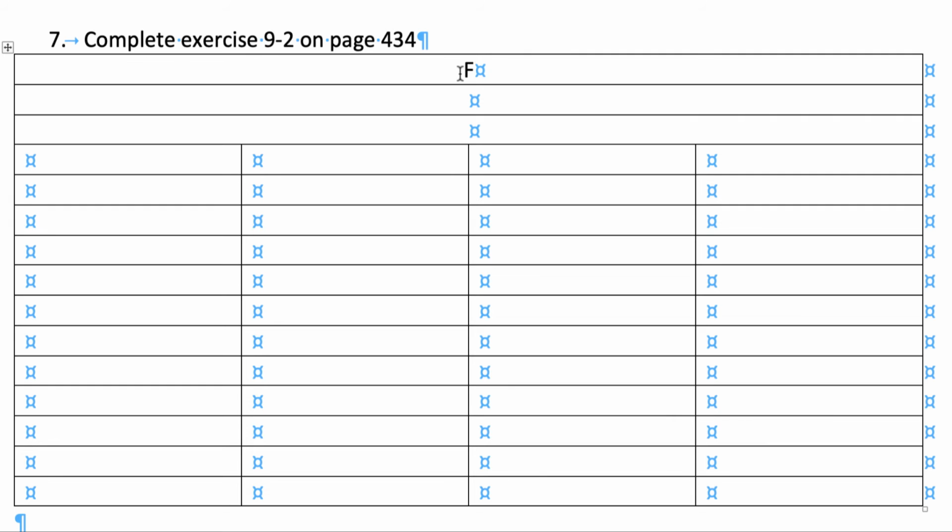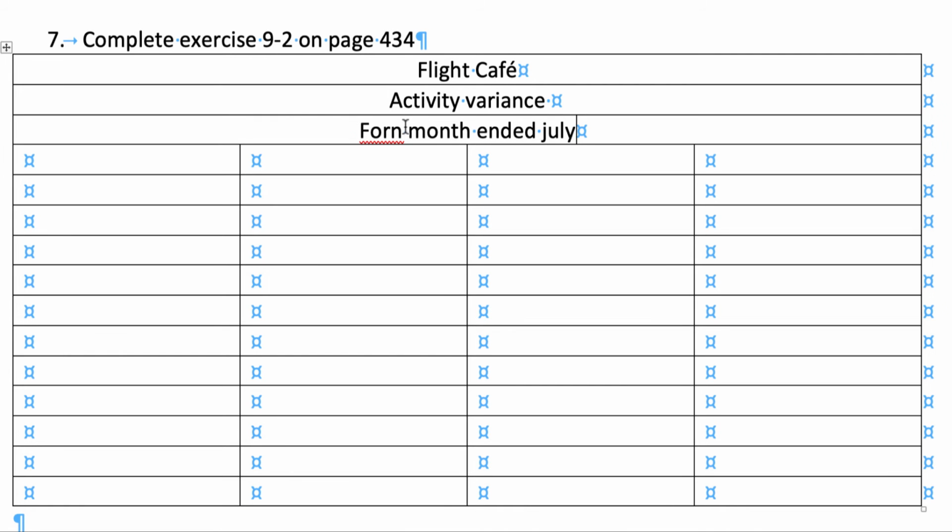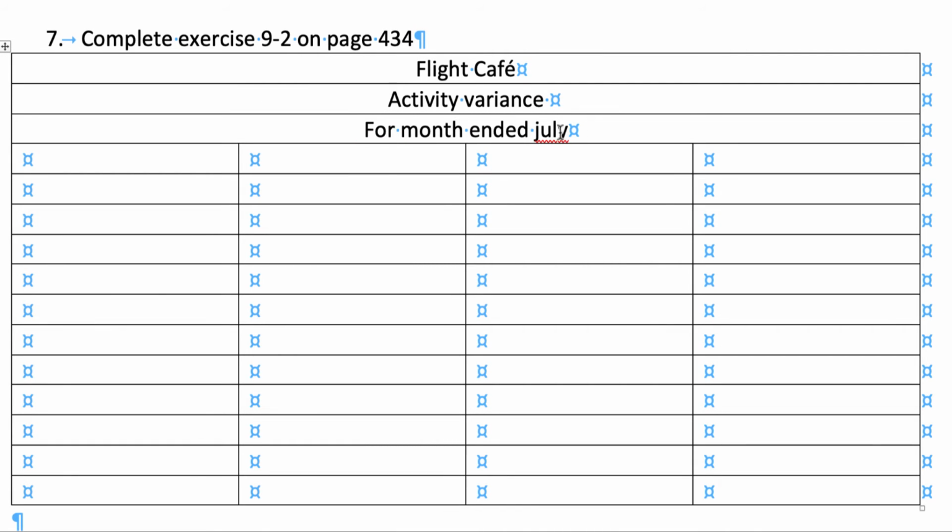So what we need to do is recognize that first we got to set it up in proper form. So this is Flight Cafe. This is the activity variance report. And this is for the month ended July 31st.